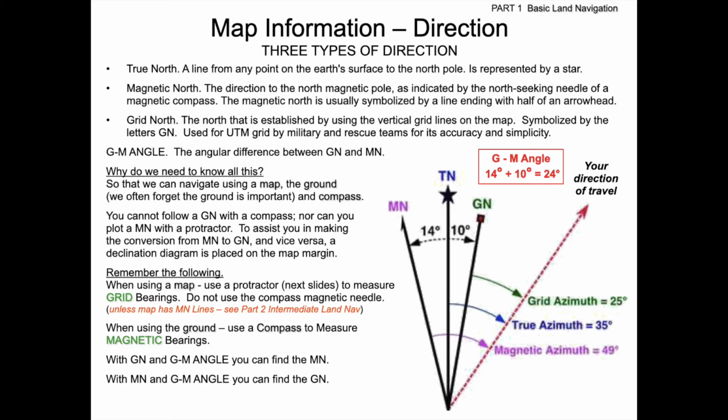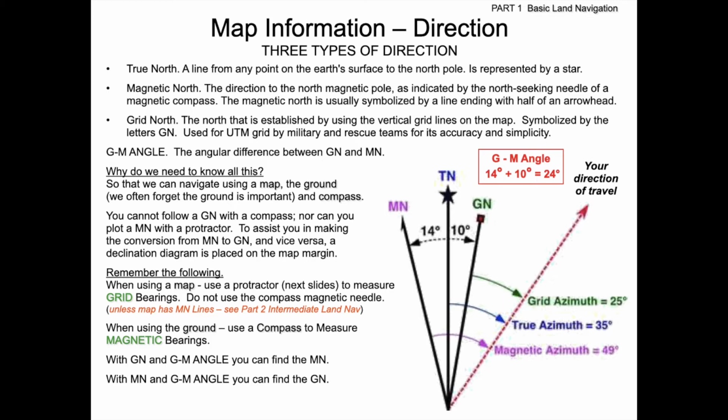That's the utility of what we're trying to do here: you're planning a route on your map, writing down all these azimuths on a little sheet of paper, and then you have to convert those using that GM angle so that you have a bunch of azimuths converted to magnetic bearings that you can walk, right? Hopefully that makes sense. If you're lost, just drop a comment.